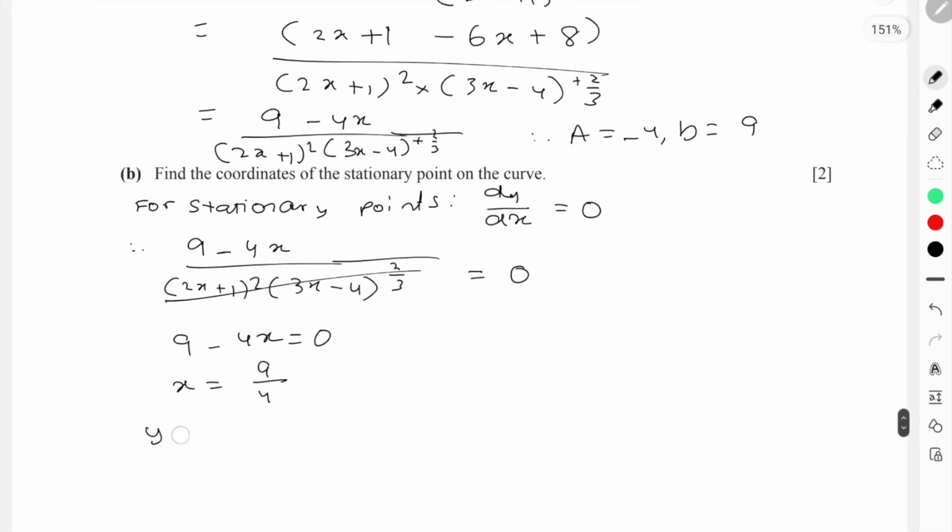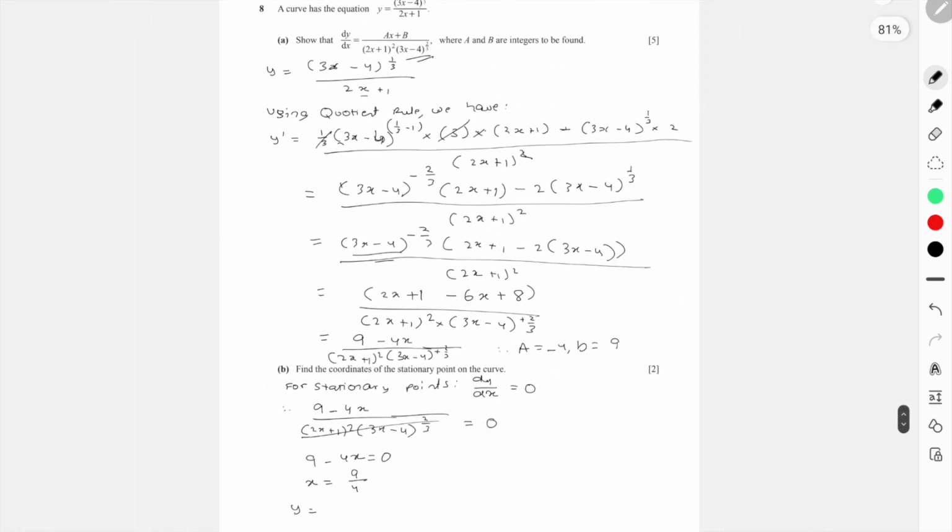And then we basically find the value of y. So plug this back into your calculator.